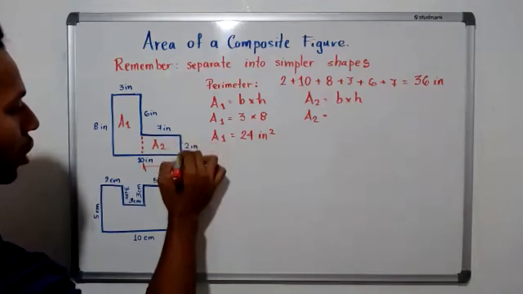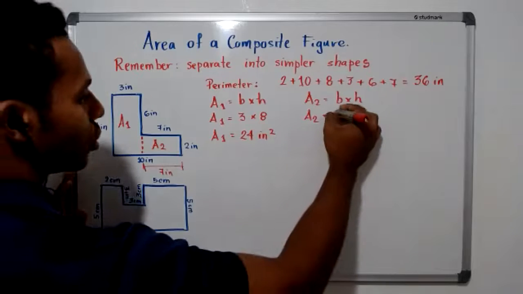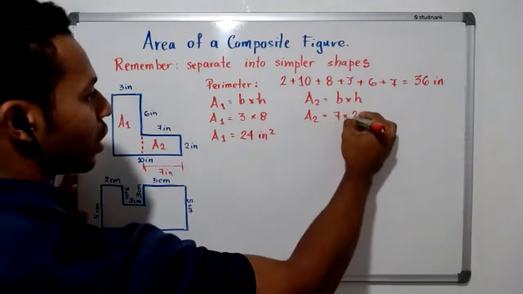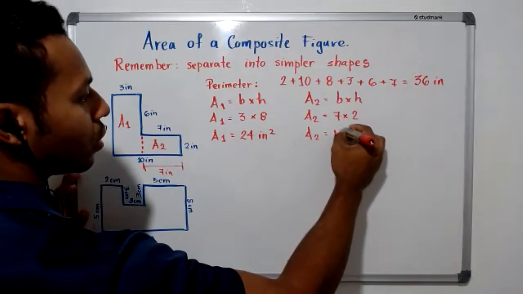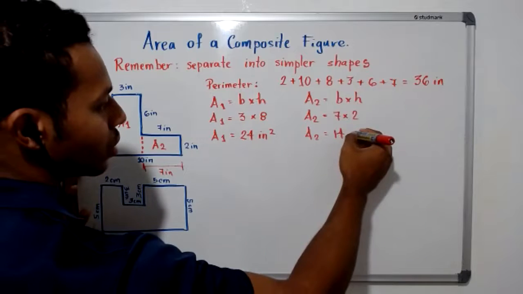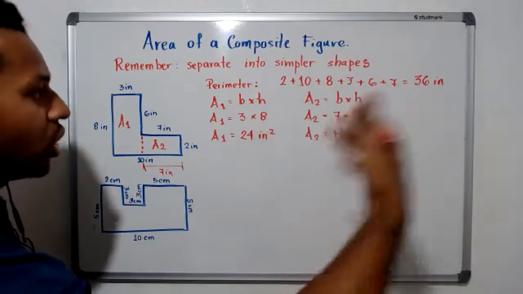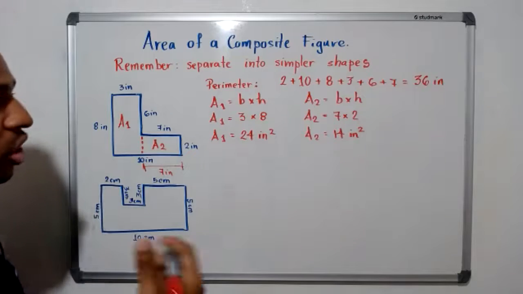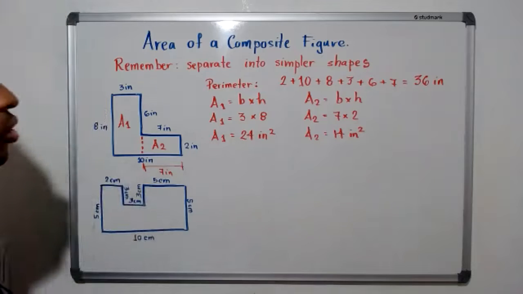In the height we have 2 inches. 7 times 2, 14 square inches. The pronunciation is square inches, not inches square. Okay, very good.